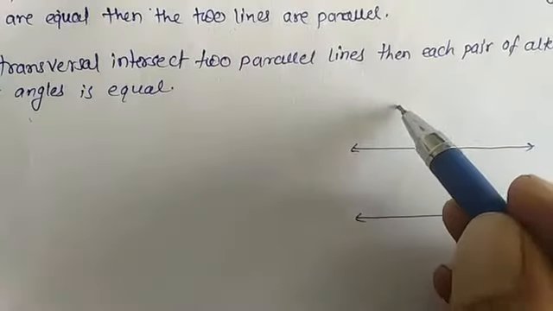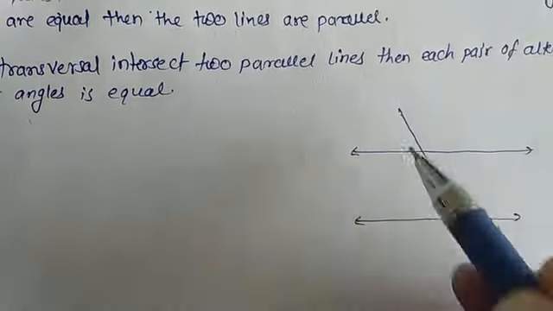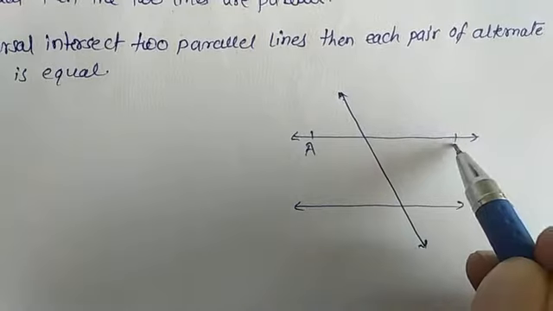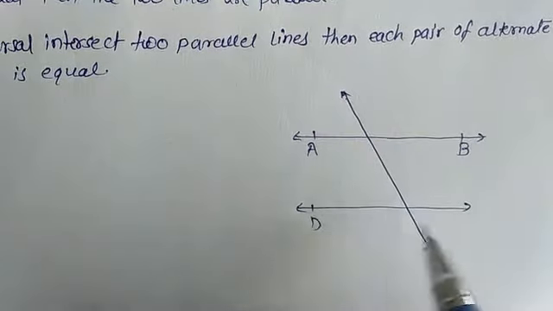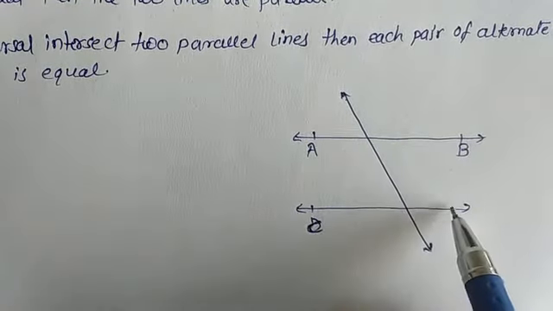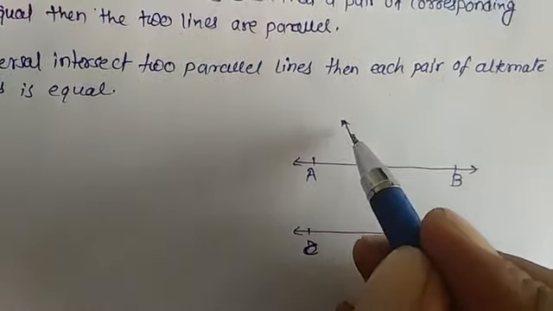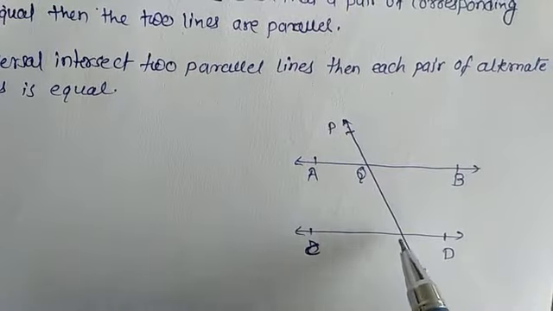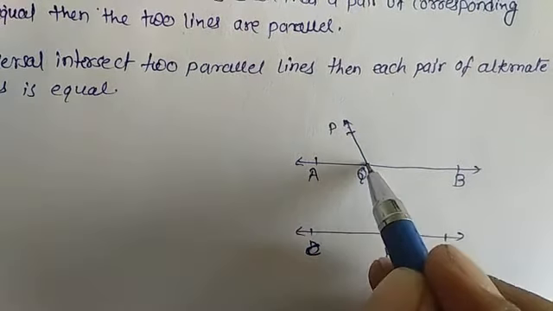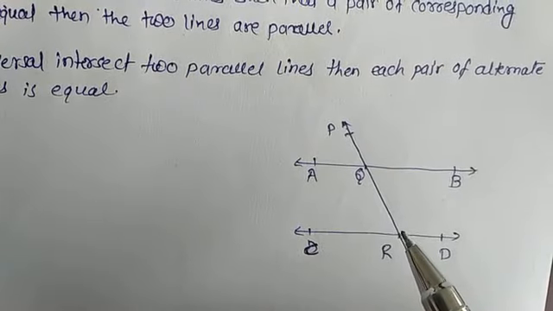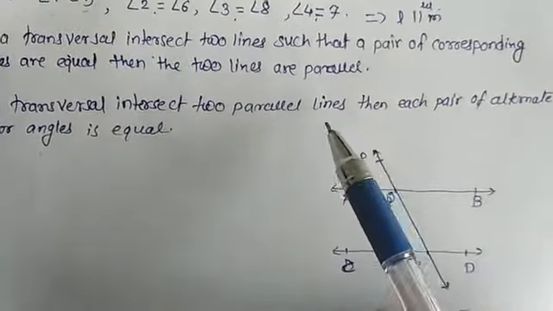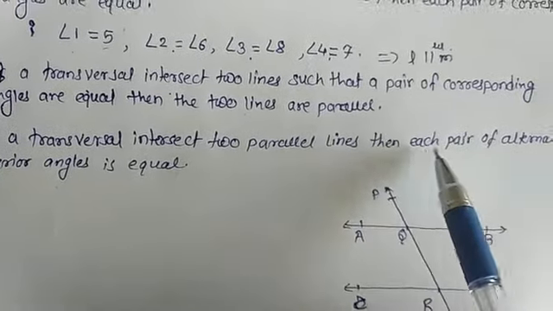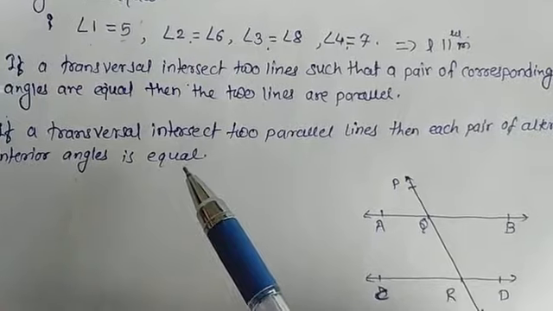we will define points on the two parallel lines: AB and CD are two parallel lines, and here I will consider points P, Q, R. Now we want to prove that if a transversal intersects two parallel lines, then each pair of alternate interior angles is equal.